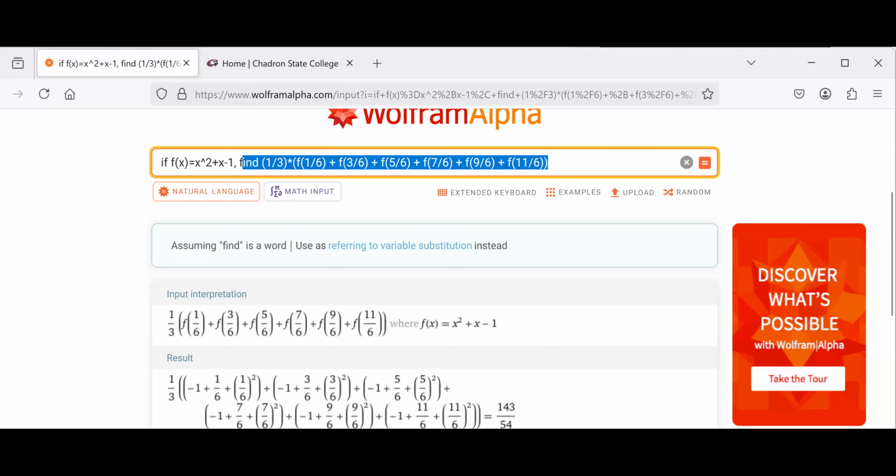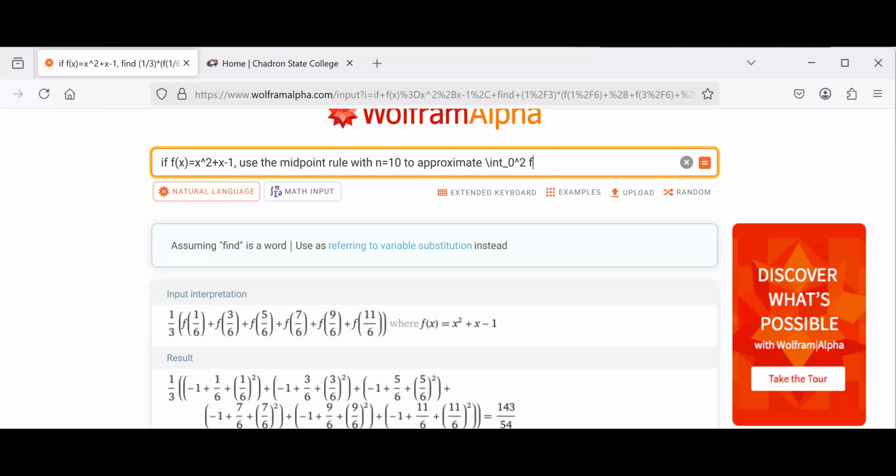Let's see if f of x equals this, use the midpoint rule, N equals 10. Approximate. I'm in uncharted water here.